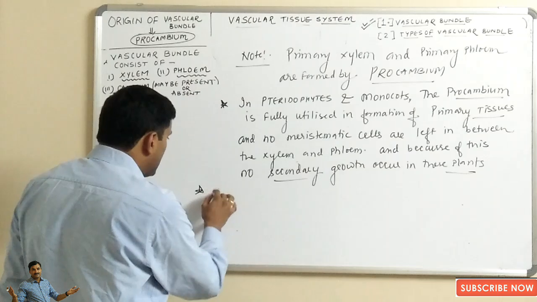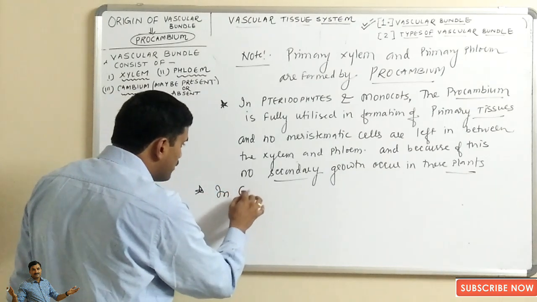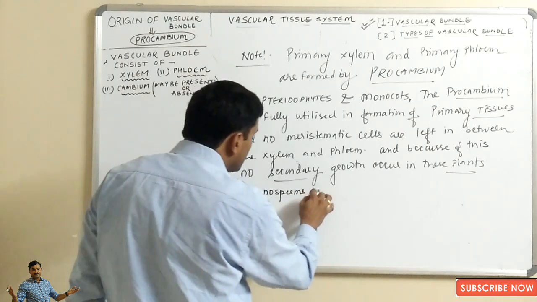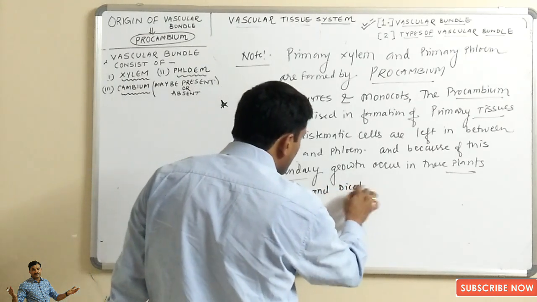But what happens in gymnosperms and dicots?